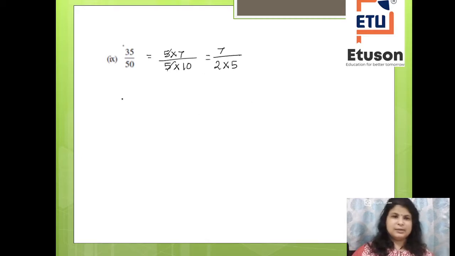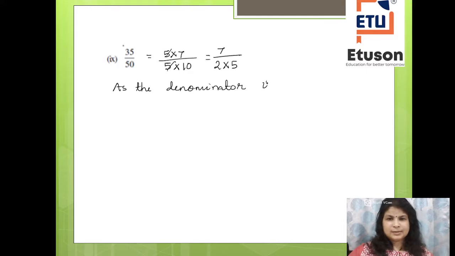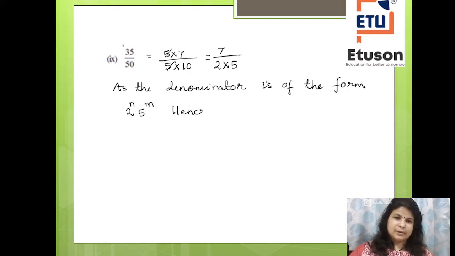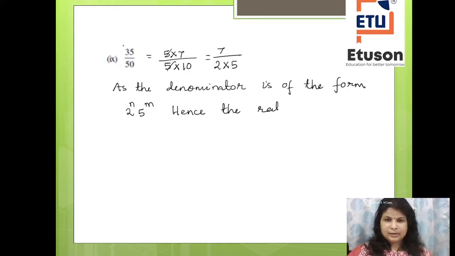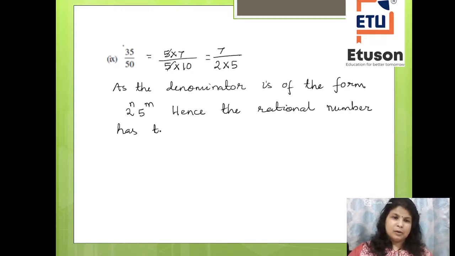So very clear, as the denominator is of the form 2 to the power n into 5 to the power m, hence the rational number has a terminating decimal expansion.